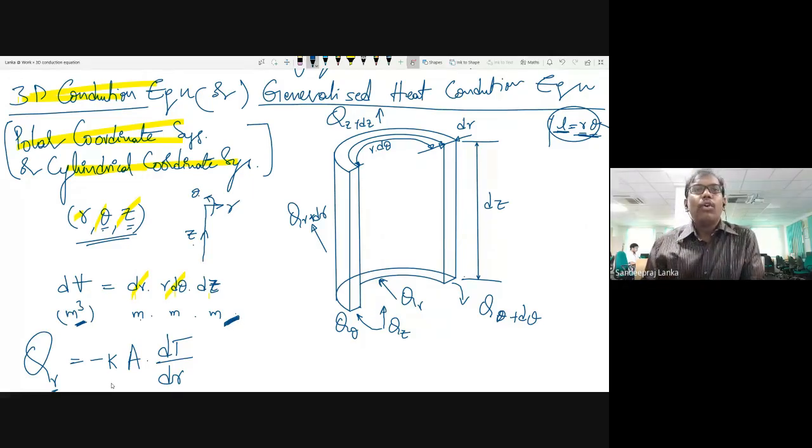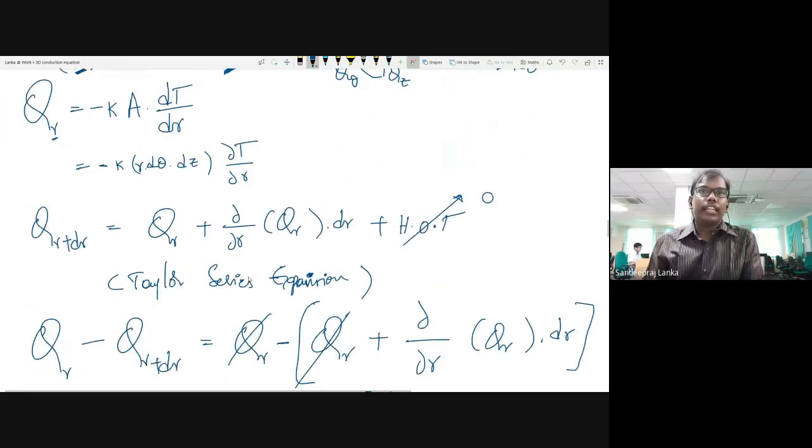Right. So the regular story we have taken here: we have taken dr, dz, and r d theta as the three dimensions first. And then in the three directions, what is the q? We have represented it in the diagram. It is qr and qr plus dr, q theta and q theta plus d theta, and qz and qz plus dz we have defined. And then we have taken the difference of those two. Taylor series expansion we have considered for the infinitesimally small change that is happening in the system.